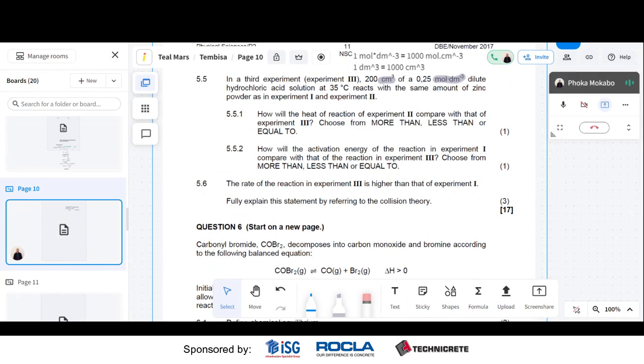How will the heat of reaction of experiment 2 compare to that of experiment 3? Choose for more than, less than, or equal to. Well, the heat of reaction doesn't really depend on what volume or concentration is used. The heat of reaction is the heat of reaction. It's an energy value, and so will remain exactly the same. Equal to is our answer.